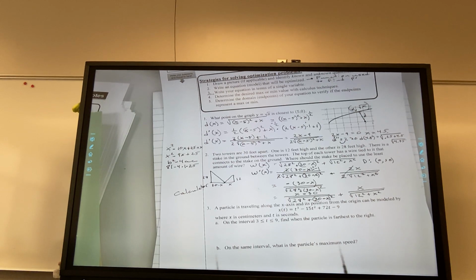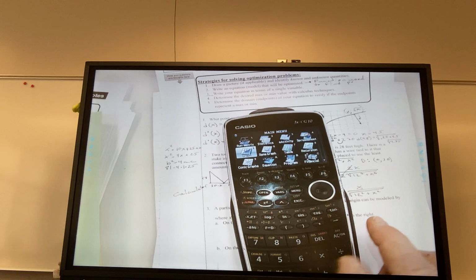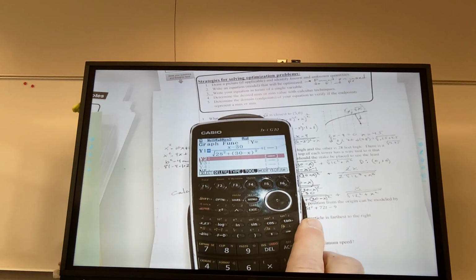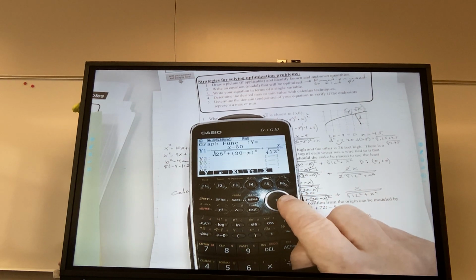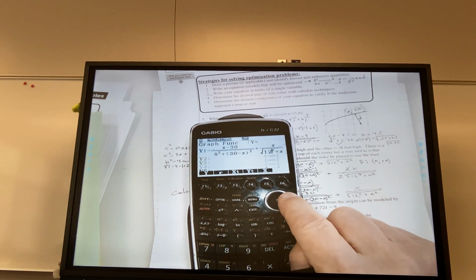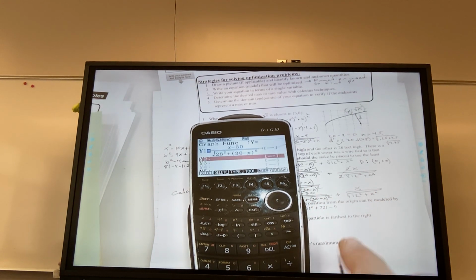Everybody okay with that? All right. So I did that already. There's that equation. If I came up here, you can see here's the first part. And there's the second part. Everybody have that? And then I drew it.